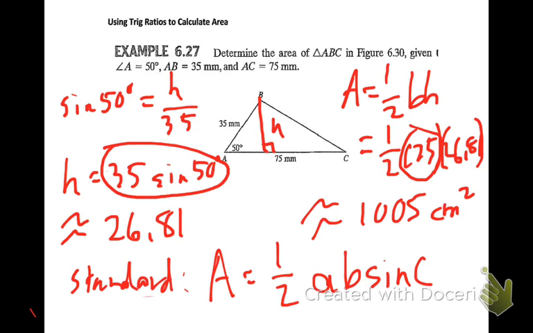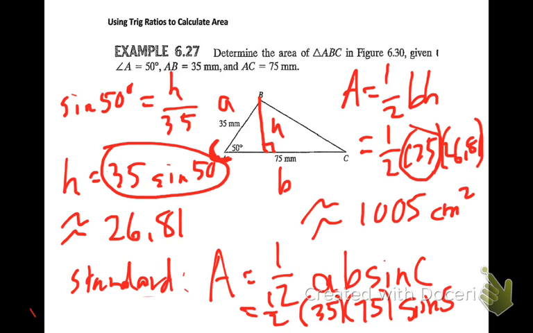This side would be A, this side would be B, and this would be sine of the angle C. So we'd have 1/2, A would be 35, B would be 75, and then sine of 50 degrees, and I'd get the same answer. It's the same thing we just did, just not broken down into as many steps. So that's something you can commit to memory: 1/2 AB sine C. C has to be the included angle between A and B. So that's an area formula you can use.